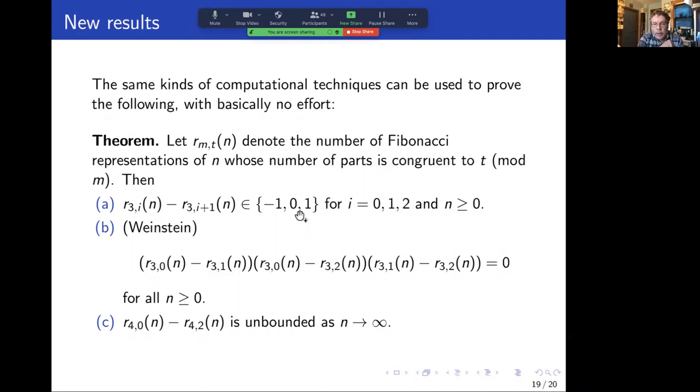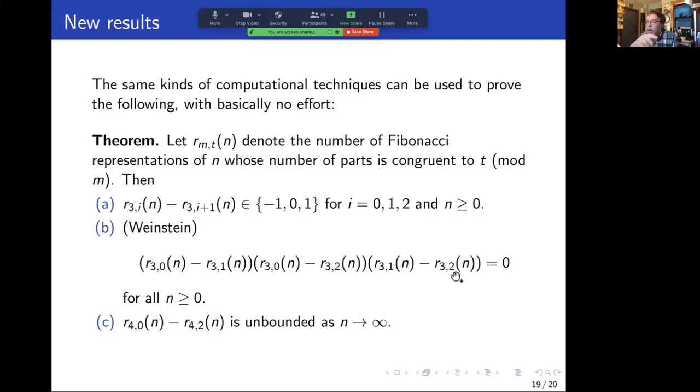Now, I have to say that there are some very nice papers by Felix Weinstein that have appeared in the literature and also on the archive, where he proves other interesting things. And when I showed this to him, he suggested checking the following thing, namely that (R_{3,0} minus R_{3,1}) times (R_{3,0} minus R_{3,2}) times (R_{3,1} minus R_{3,2}) is 0.